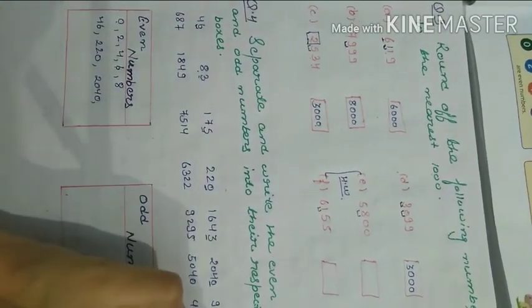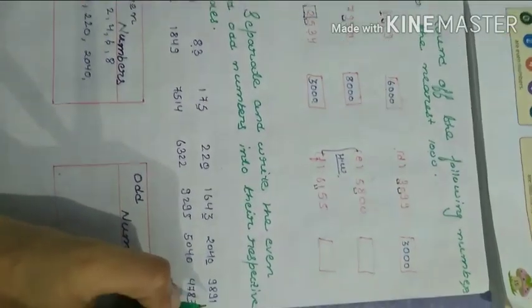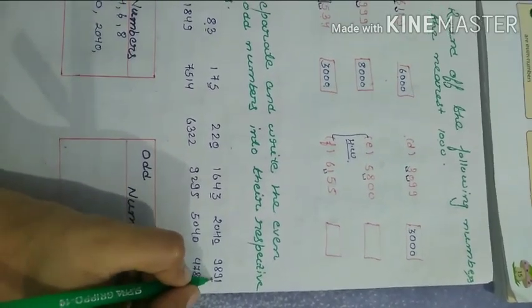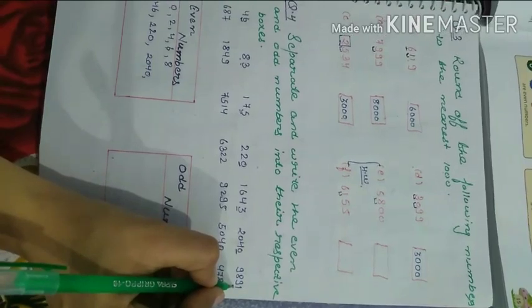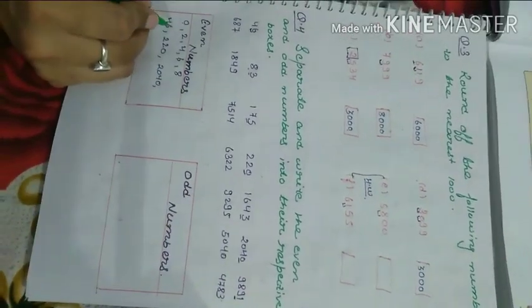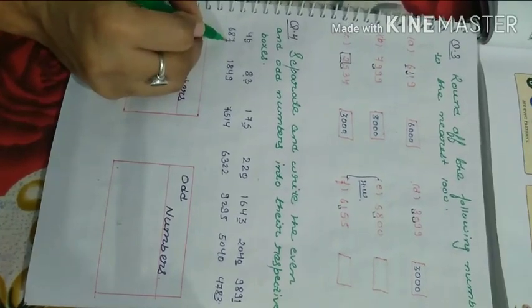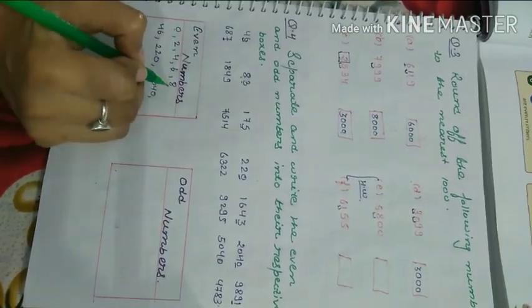Now let's see this question. Let's see this number. Here the number is 1. So this number does not come in even numbers. So it is not our even number. Let's see this question. Here we are having 7. 7 does not come in even numbers.